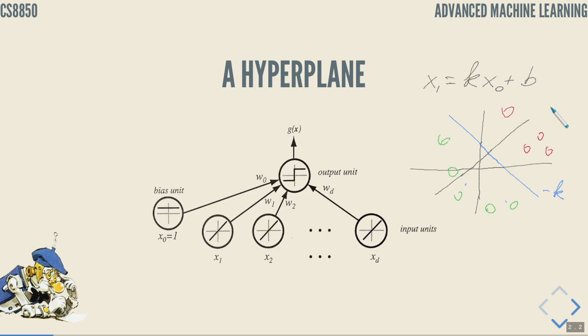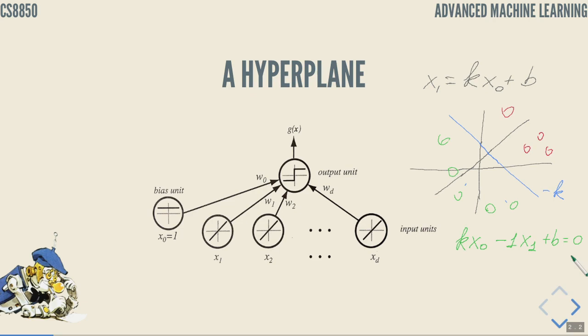If we rearrange this equation and write it in the following simple way, let's say we have kx0 minus 1x1 plus b equals 0.